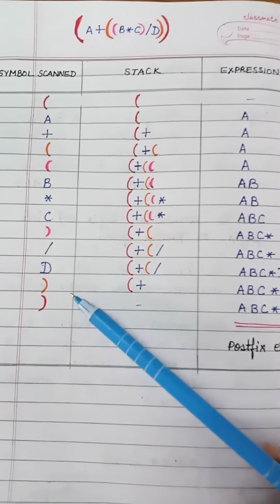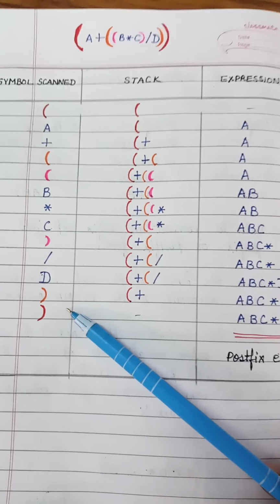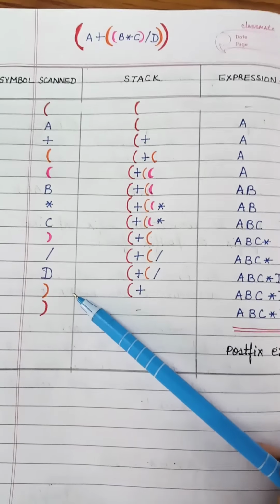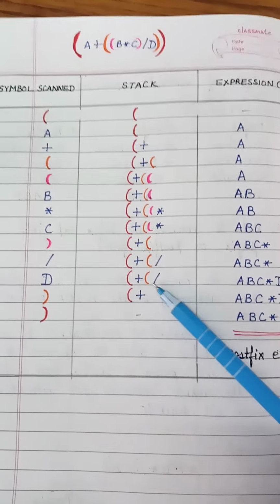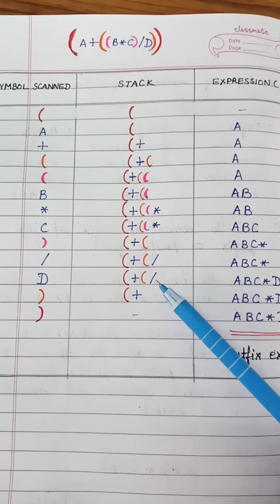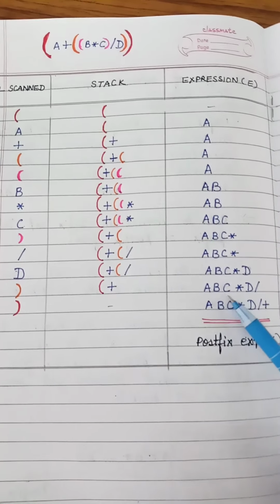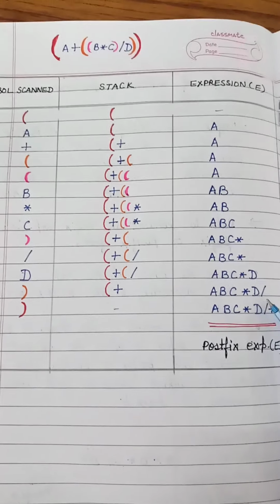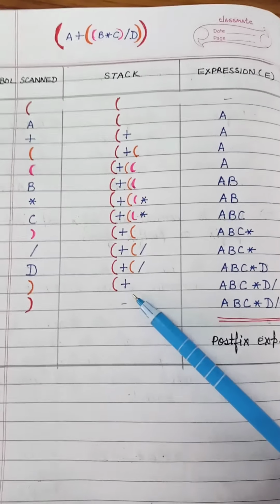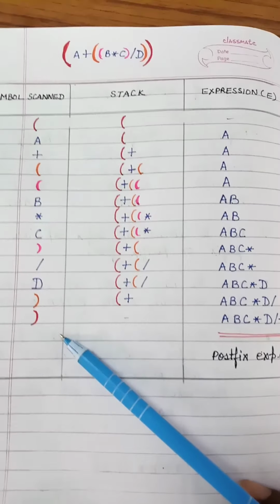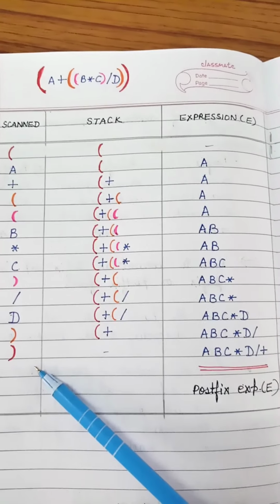Now again we have the closing parenthesis of the orange bracket. So the symbol in the orange brackets is upon, and this symbol will be popped out now: ABC into D upon. Now only plus is left. Again we have the closing parenthesis of the red bracket.